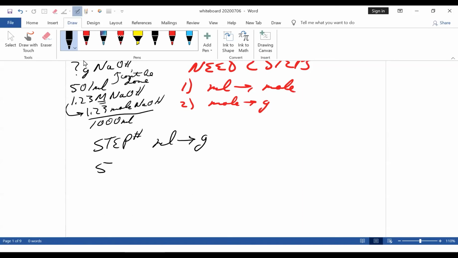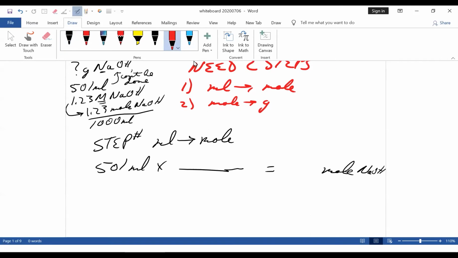So we have 501 milliliters. And what do we want to get to? We want to get to something to do with NaOH. And this is wrong. My mind is, I'm rushing. And when I rush, I make mistakes. Milliliters to moles. We want to get moles, and that would be of sodium hydroxide.